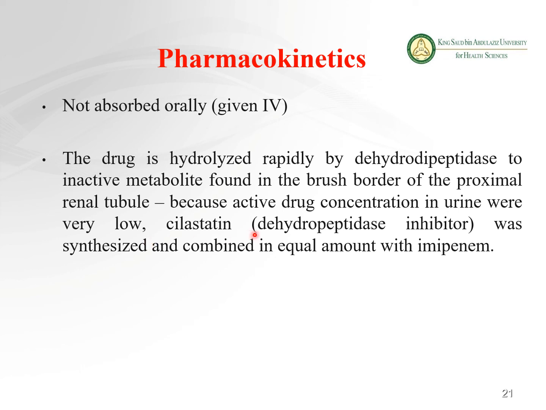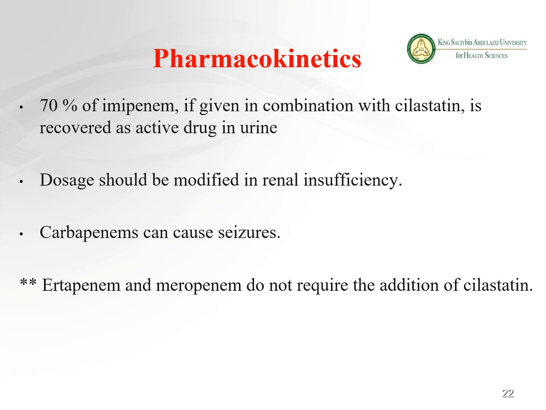That's why cilastatin, which is a dehydropeptidase inhibitor, was synthesized and combined in equal amounts with imipenem, in order to have a higher concentration in the urinary tract. 70% of the imipenem, if given in combination with cilastatin, is recovered as active drug in the urine. So it doesn't undergo more metabolism in the liver. It's excreted as such from the kidney.